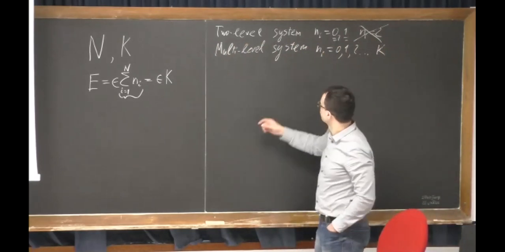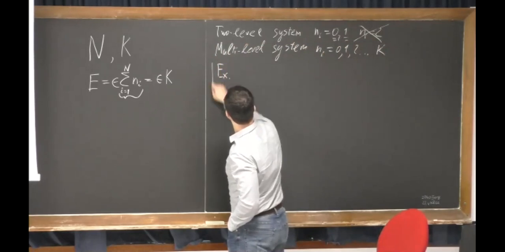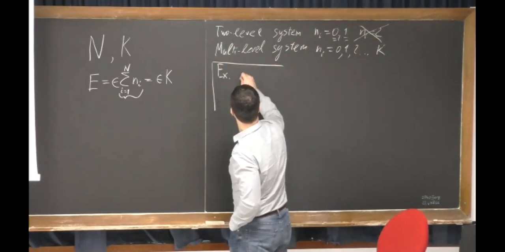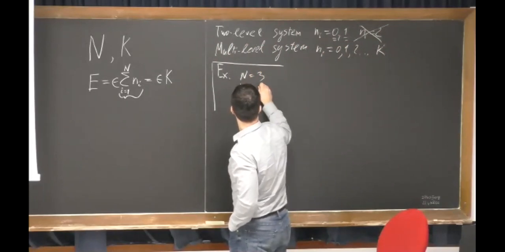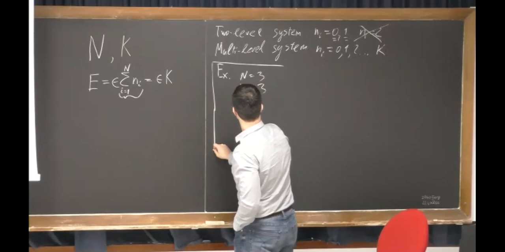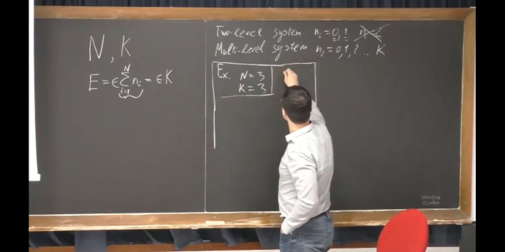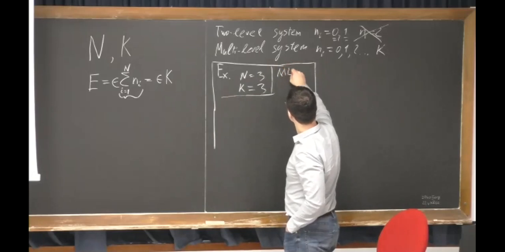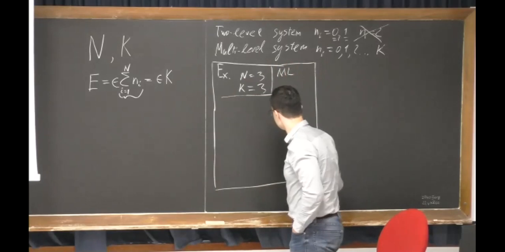So suppose, for example, you have n equals 3 and k equals 3. And this is a multi-level system. What are the possible configurations of this system?